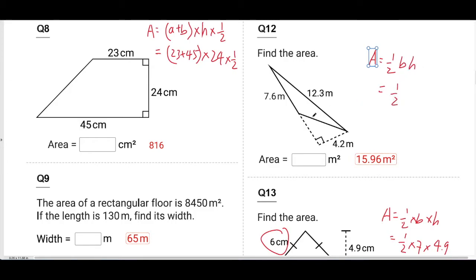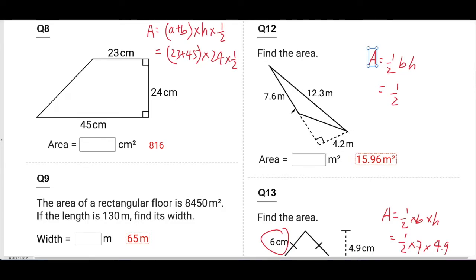Half times base. So what's the base? Well, remember, the base is the line that forms a right angle. The base forms a right angle with the height, right? And remember, the height is usually the line that's not a side of the triangle. Okay, so this 4.2 is not a side, right?